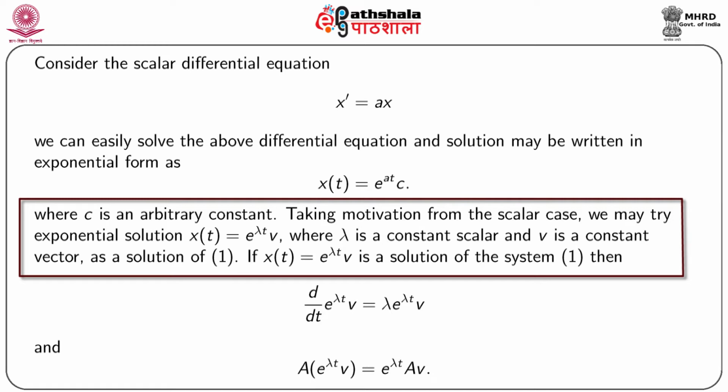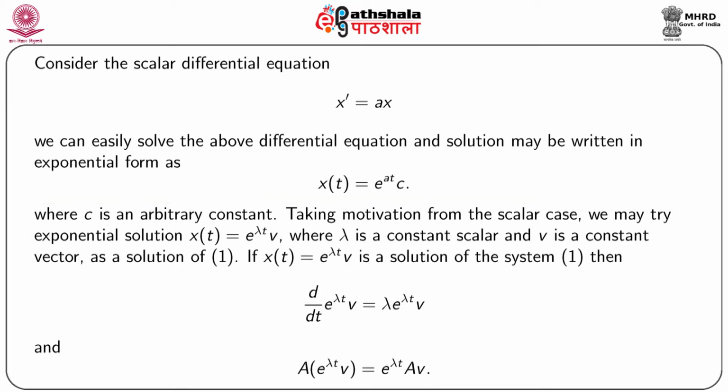Now, if x(t) = e^(λt) v is a solution of the system 1, then it is going to satisfy the differential equation, and hence we will get d/dt of e^(λt) v equal to λ e^(λt) v, and A e^(λt) v is equal to e^(λt) A v.